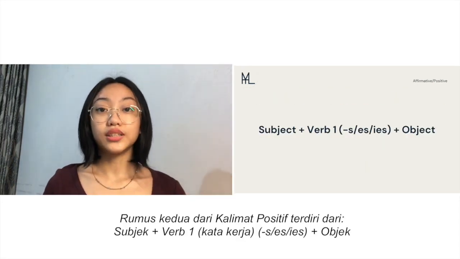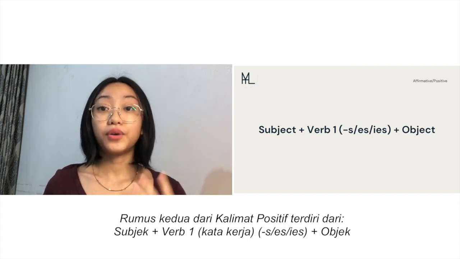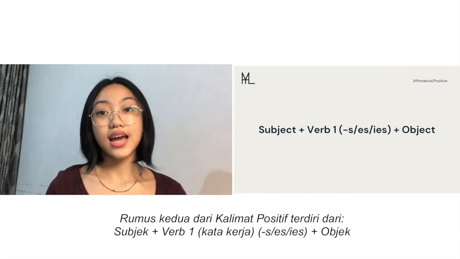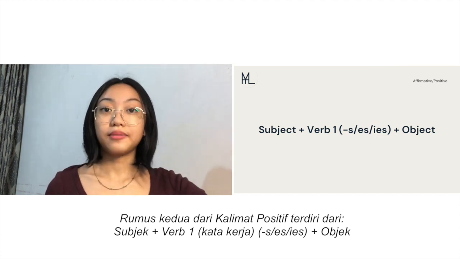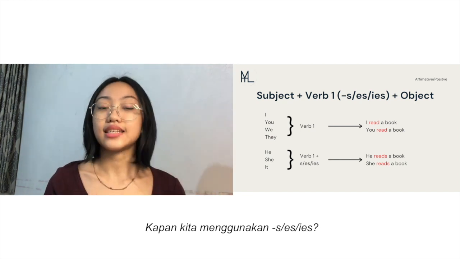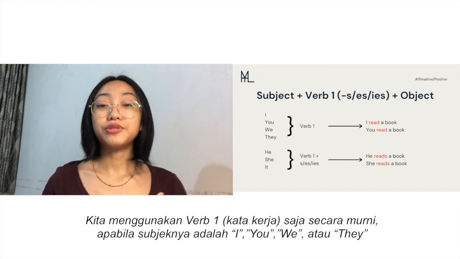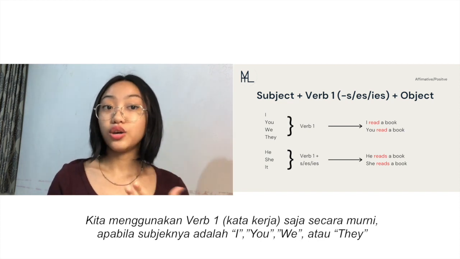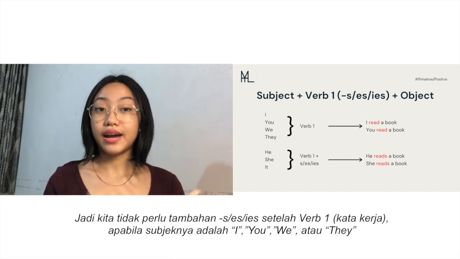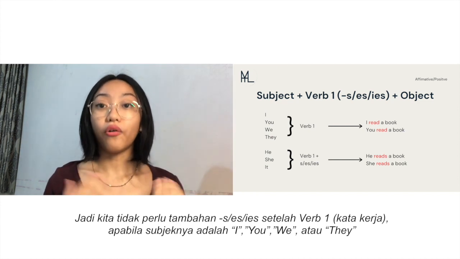The second formula of positive sentence consists of subject plus verb 1 plus s, es, or ies, plus object. When do we use s, es, or ies? We use verb 1 only if the subject is I, you, we, or they. So we don't need the addition of s, es, or ies if the subject is I, you, we, or they.